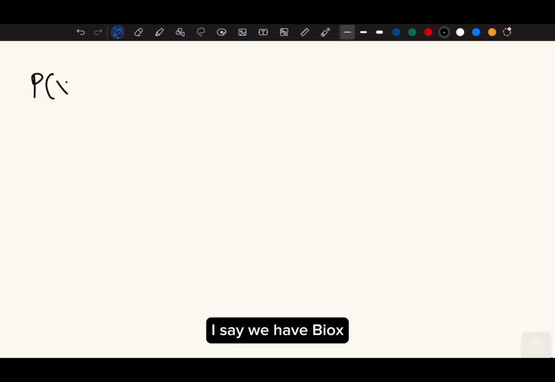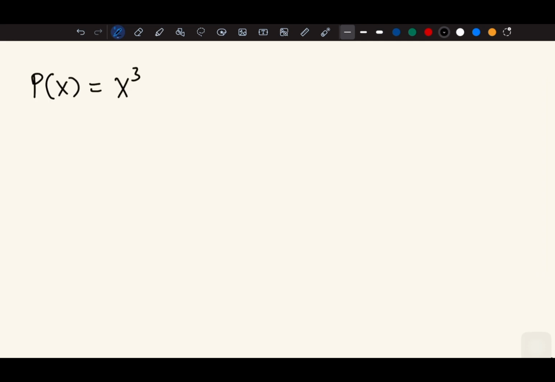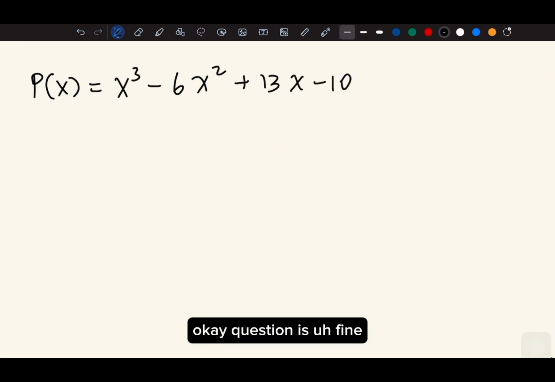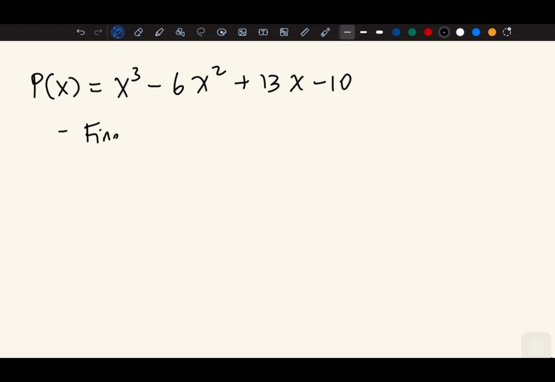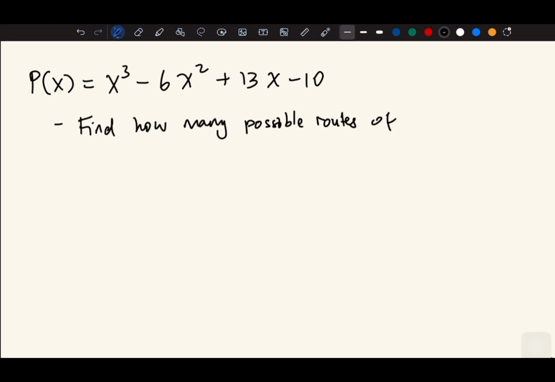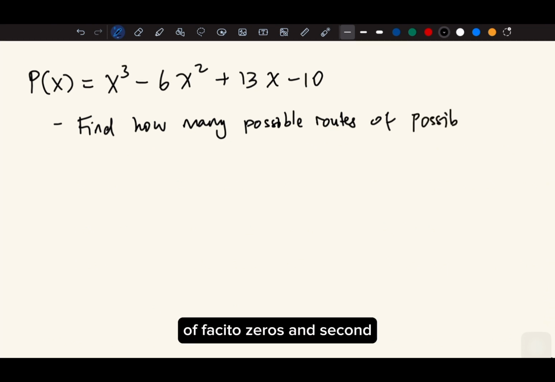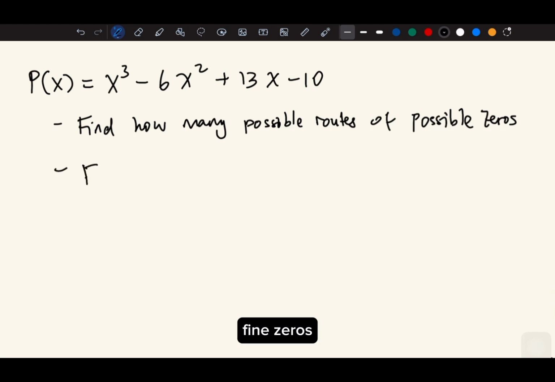Let's say we have P(x). Okay, the question is: first, find how many possible roots or possible zeros, and second, find the zeros.